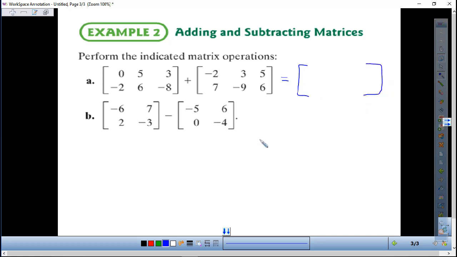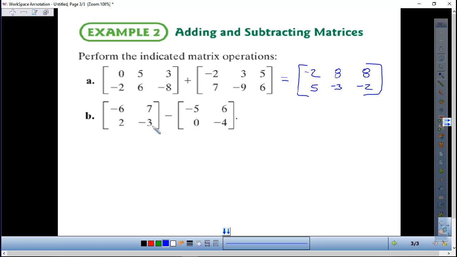So I'm going to go ahead and make my matrix big enough. 0 plus negative 2 gives me negative 2. 5 plus 3 gives me 8. 3 plus 5 also gives me 8. Negative 2 plus 7 gives me 5. 6 plus negative 9 gives me negative 3. Negative 8 plus 6 gives me negative 2. So there is the sum of these two matrices.